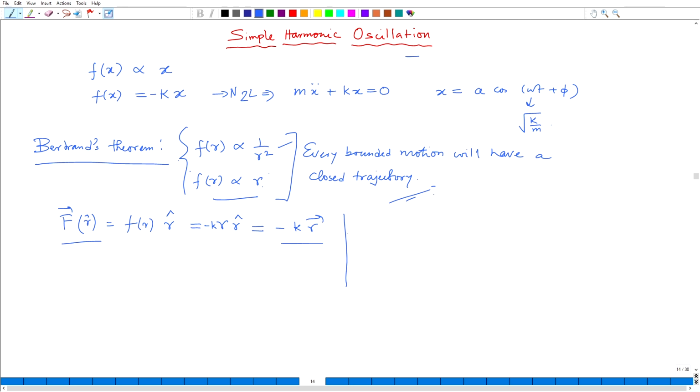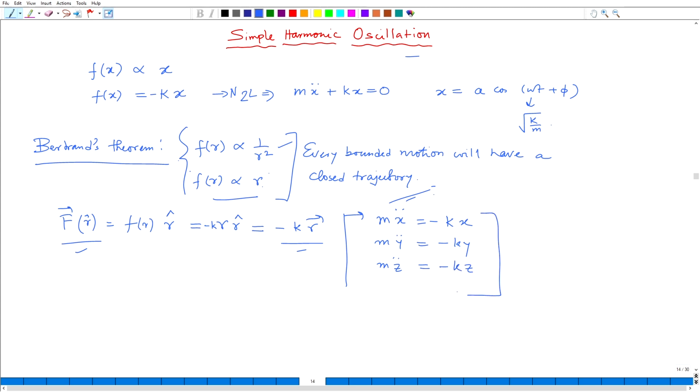If, instead of writing in polar coordinates, I write this in general 3D coordinates, then m x double dot is equal to minus k x, m y double dot is equal to minus k y, and m z double dot is equal to minus k z.